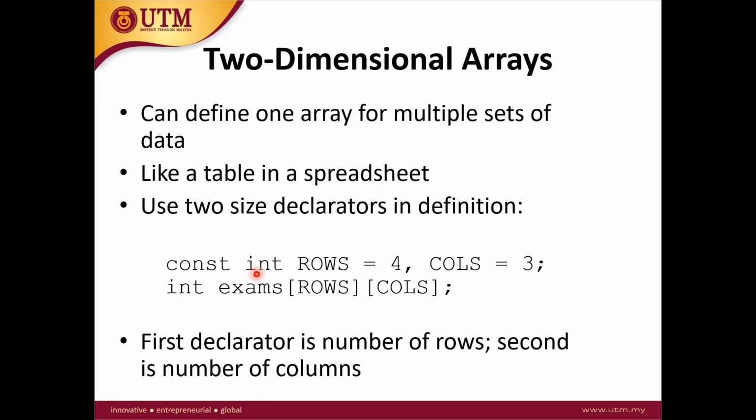And two-dimensional arrays, the two-dimensional arrays is one of the most important subjects in programming. So two-dimensional arrays can be defined to hold one array for multiple sets of data.